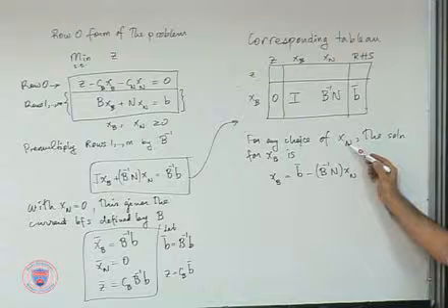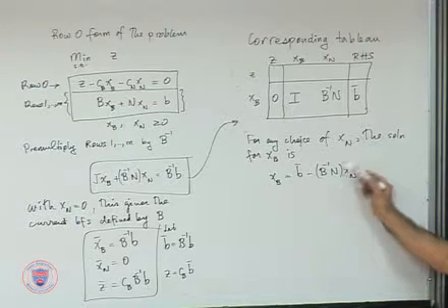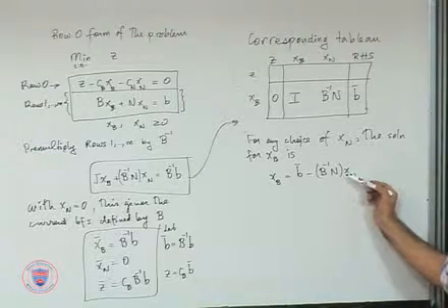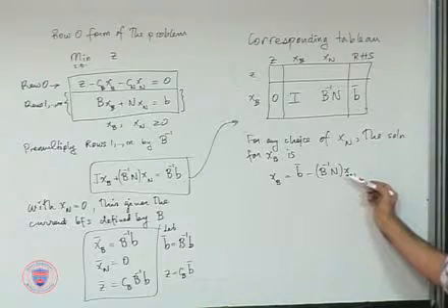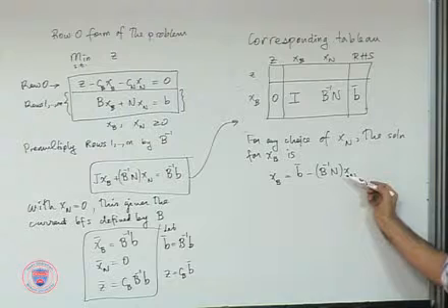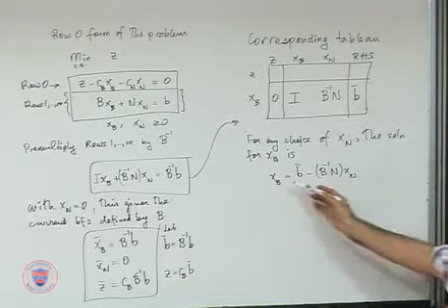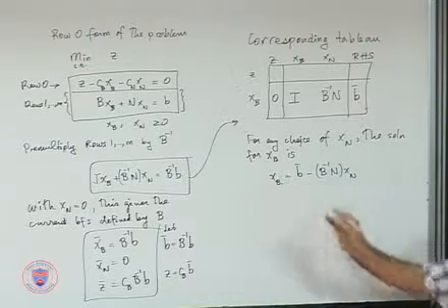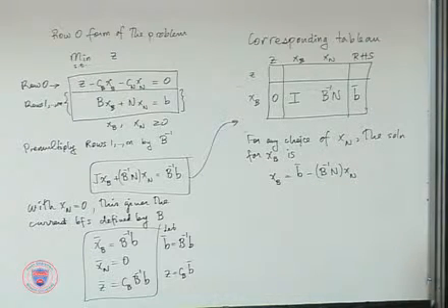Even if you choose xn non-negative, xb may turn out to be negative in some components depending on what particular xn you happen to choose. Okay? Nevertheless, this is the equation that relates the non-basic variables to the basic variables.